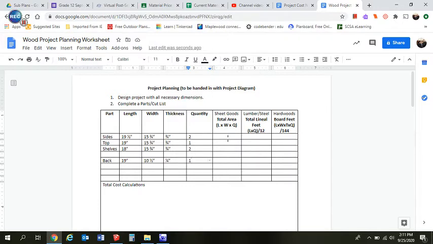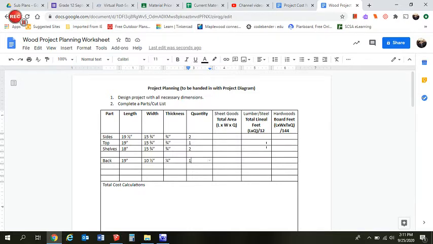So first part that we're going to do now is we're working with sheet goods. That's what plywoods are. Anything that you buy that comes as a sheet is a sheet good. Typical standard size for a sheet is 48 by 96 or 96 by 48, 8 feet by 4 feet, and whatever your thickness is.